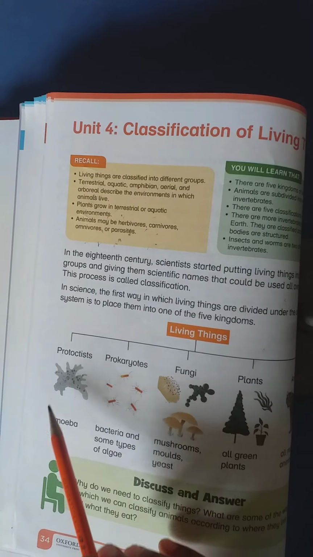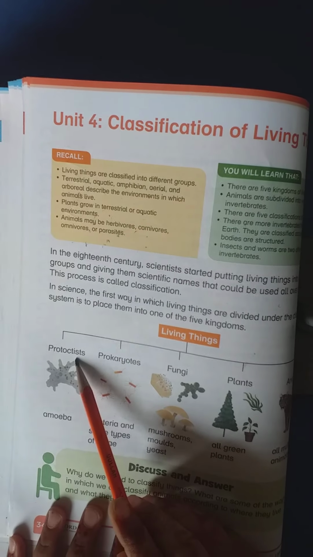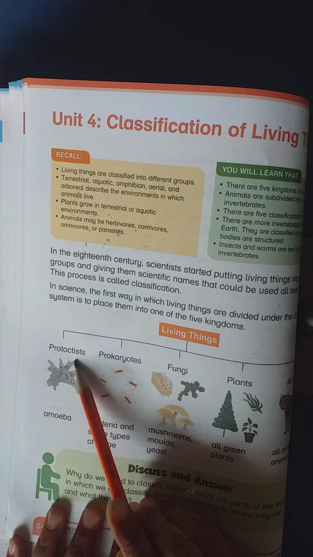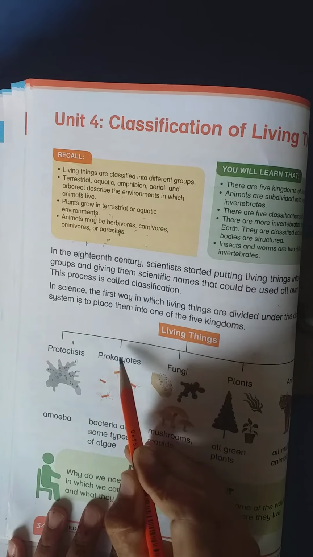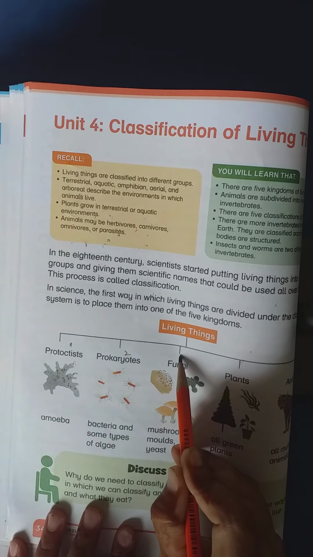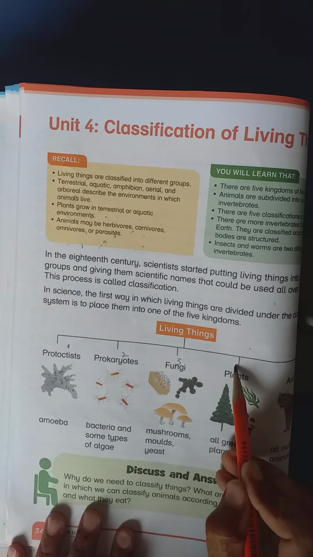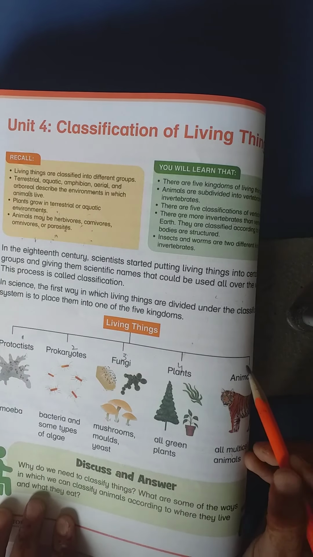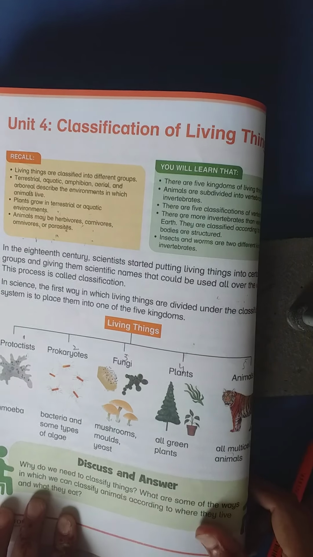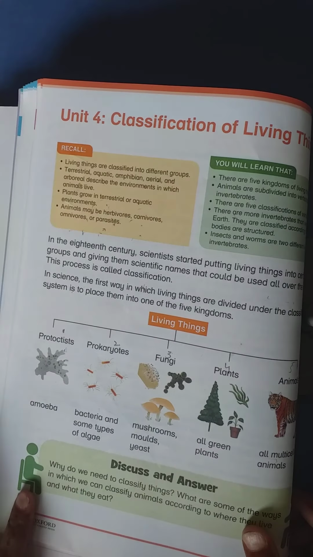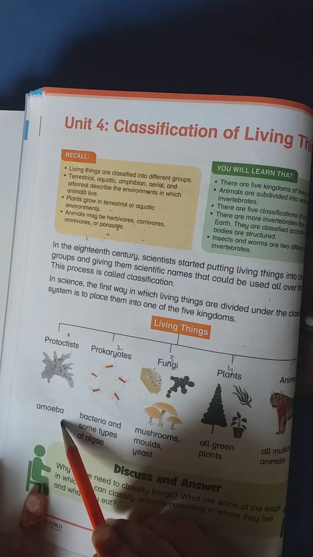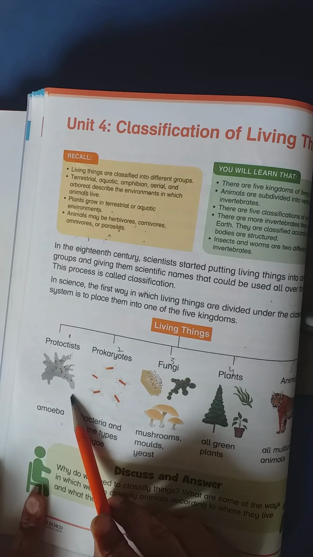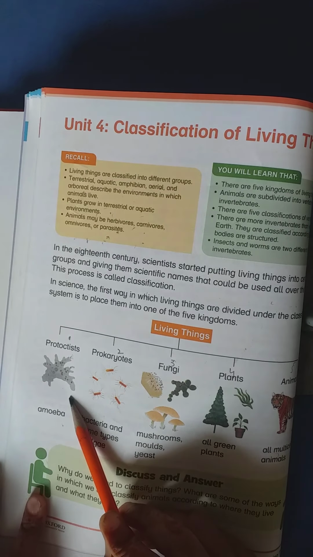Total there are 5 kingdoms. Number 1, protoctists. Number 2, prokaryotes. Number 3, fungi. Number 4, plants. And number 5, animals. Protoctists are unicellular and they contain only a single nucleus.